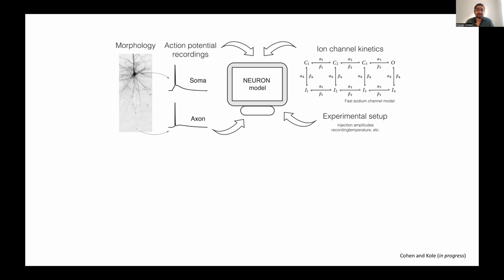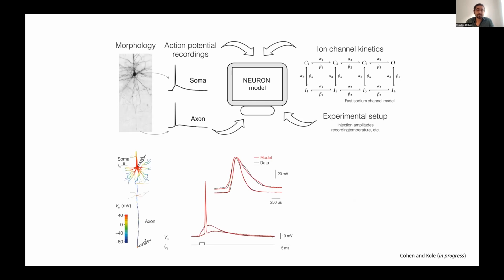Here you see an example of the search space. First, I'm going to go into greater detail in my poster session. What you see here above is essentially the paradigm itself. And below, you have, again, an example of an axo-somatic recording generating axo-somatic voltage traces.